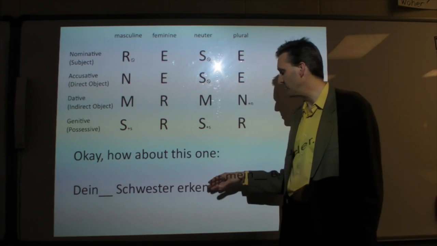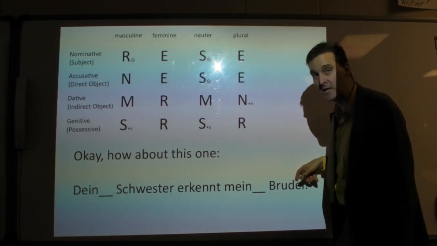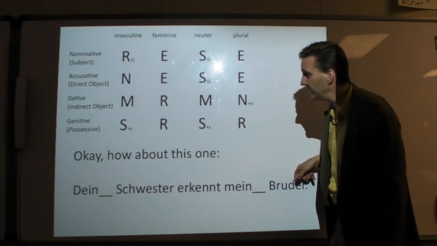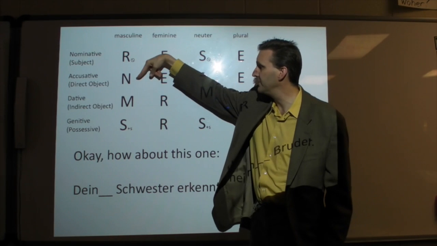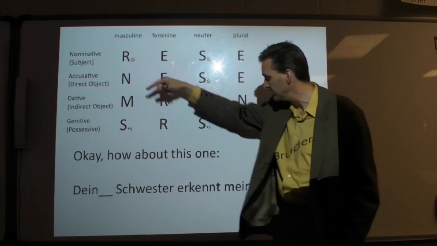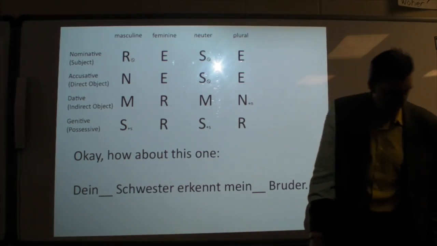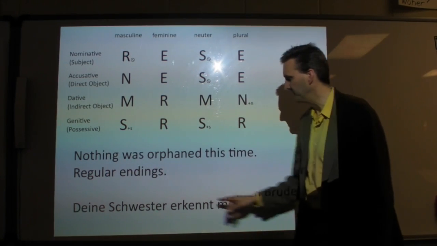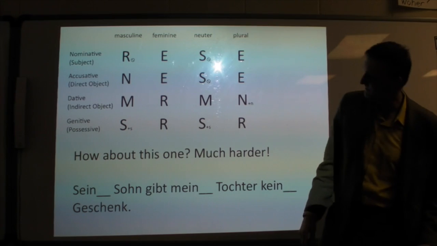So, your sister recognizes my brother. Now, my brother is what's being recognized, so my brother is the direct object. And he is masculine, so we're over here. Again, no orphaning sign, so we keep the N. Meinen Bruder. So, deine Schwester erkennt meinen Bruder. There it is right there. Okay? Regular endings, no orphaning.